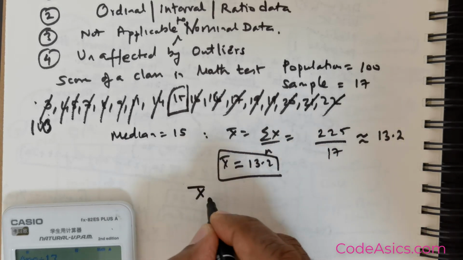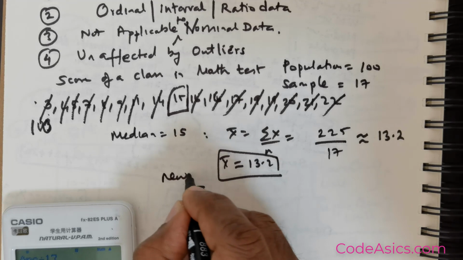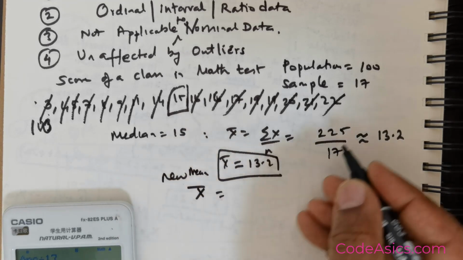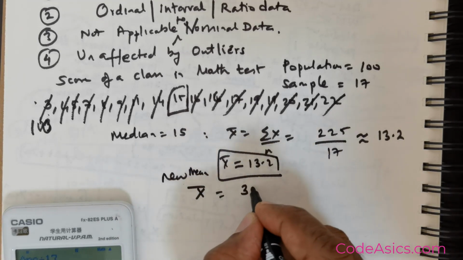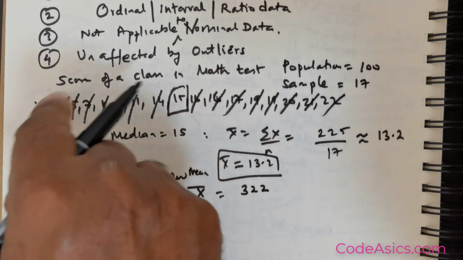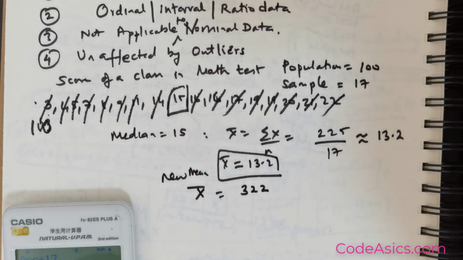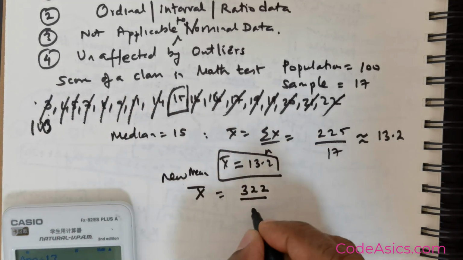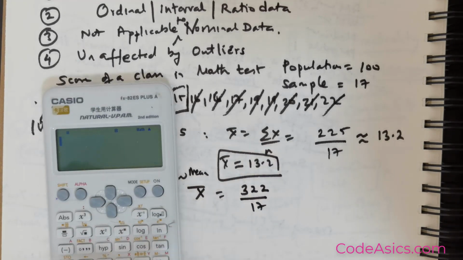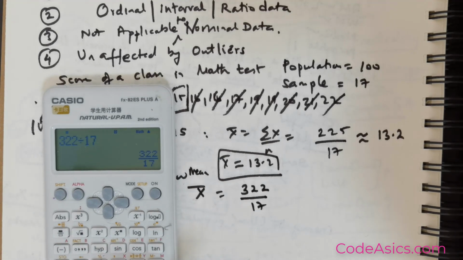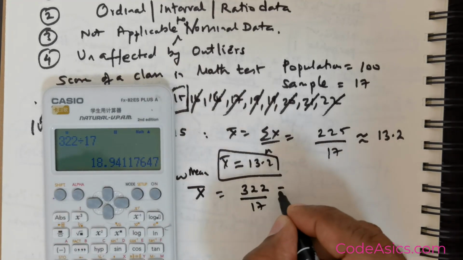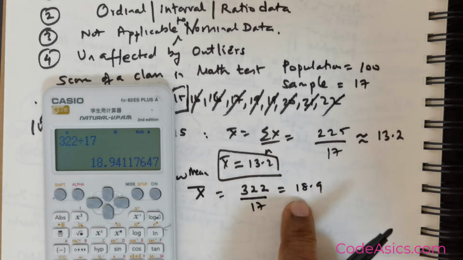So this is the new mean. So this is going to be 322, because I've already removed 3 and I've added 100, divided by 17. So let me check the mean. 322 divided by 17. So what do I get? This is what I get, 18.9.